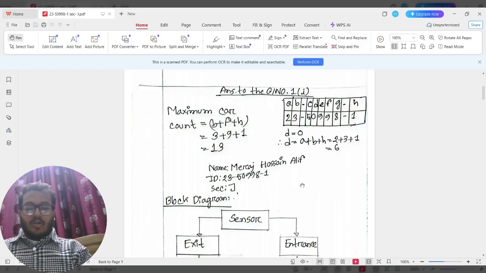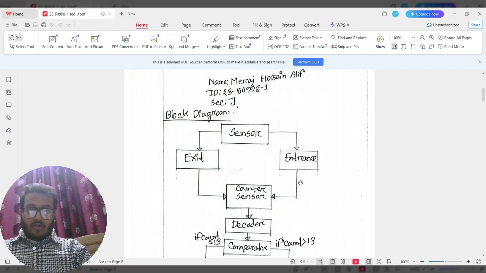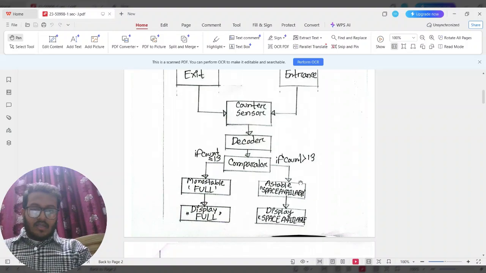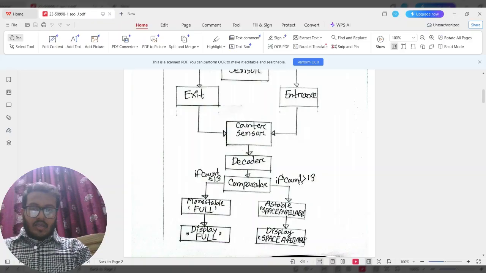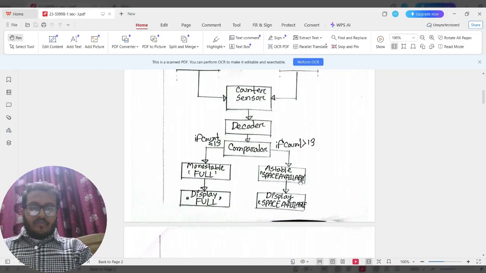So in my first question, the maximum car count is b plus f plus h, so that is equal to 3 plus 9 plus 1, which is 13. So I designed the overall block diagram. If a car enters or exits, the sensor signal goes to the counter and the decoder.